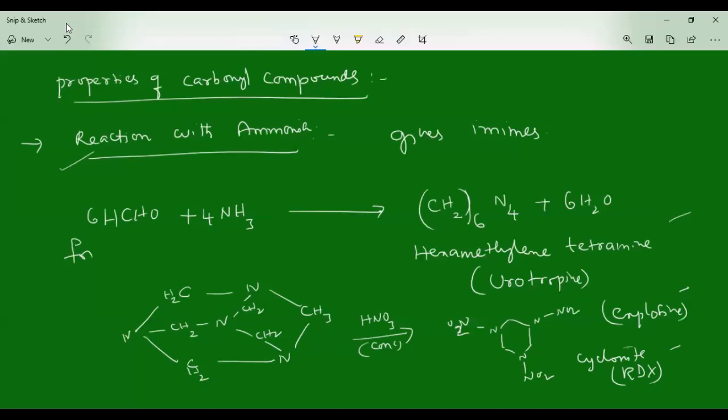That is formaldehyde with ammonia. Whereas if you take other kinds of ketones, like the reaction with acetone, we'll see the ammonia reaction now.